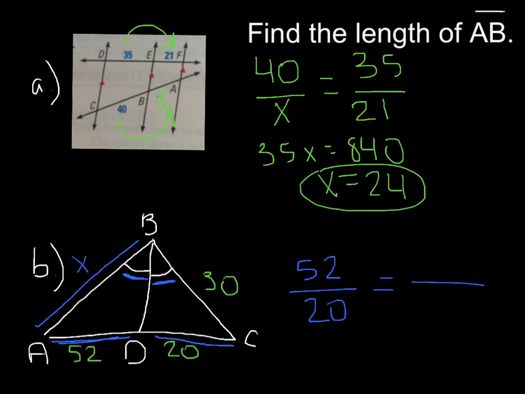We don't know it, so I'm going to say x over 30. So when I cross multiply, I get 20x equals 1,560. And when I divide by 20, I get x equals 78.